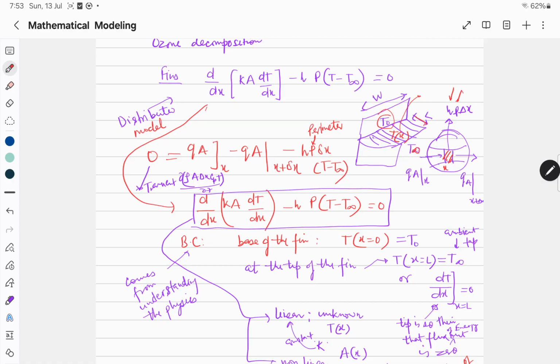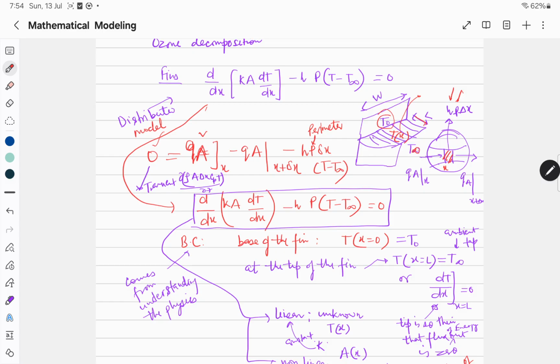So we can write the cell balance. Accumulation we consider first at steady state, so the accumulation term will be 0. Then heat in, Q subscript A at x, minus QA at x plus delta x, minus the heat going outside from the fin surface to the atmosphere, that is minus hP delta x (T minus T infinity).